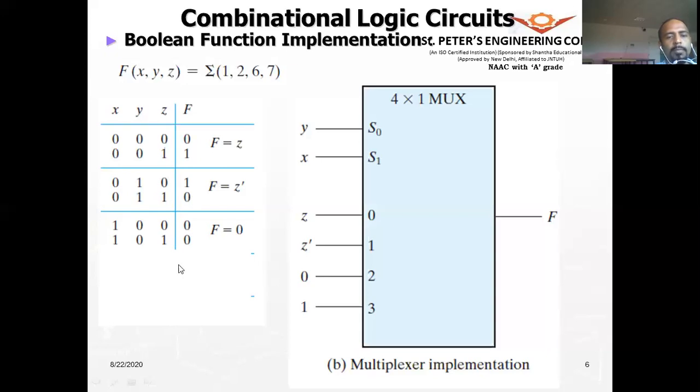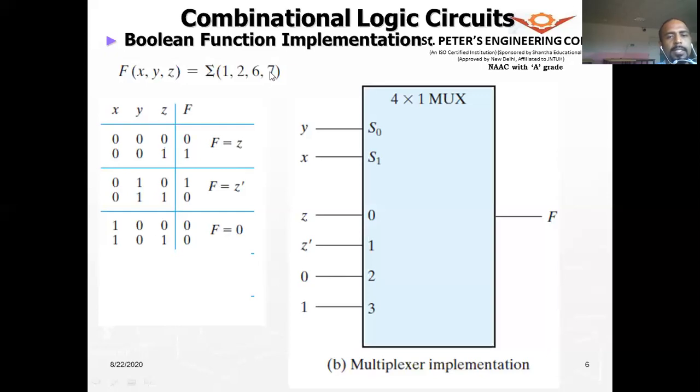For M4 and M5, that is when the X and Y combination is 1 and 0, the output should be 0. So the input line 2 is given a 0 because we don't want function output for these two minterms. So I2 will be given 0.